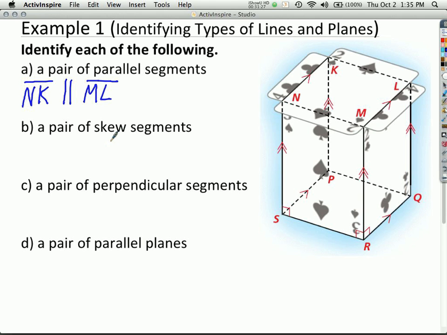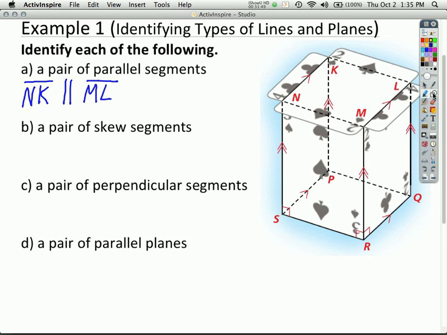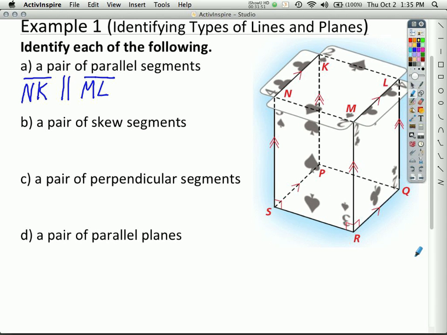Okay, part B, a pair of skew segments. So here's what I'd like you to do. I want you to write down a pair of skew segments. You just write it down yourself. Give me a thumbs up if you got a pair. Good. Put your thumbs down.